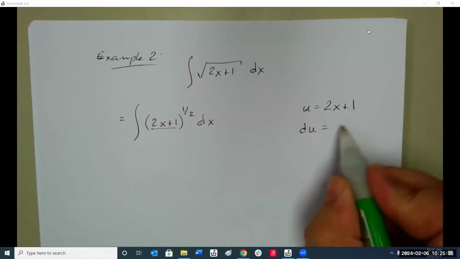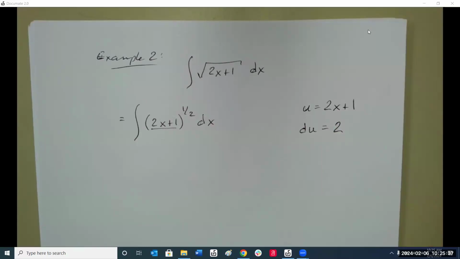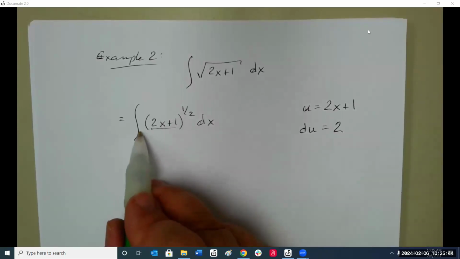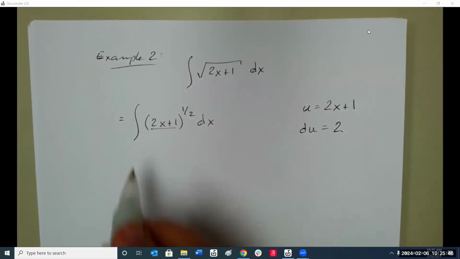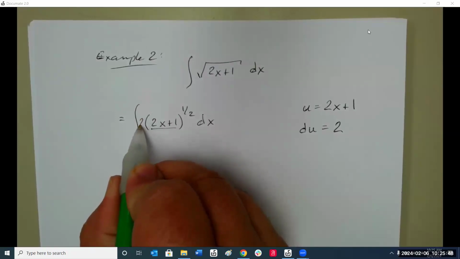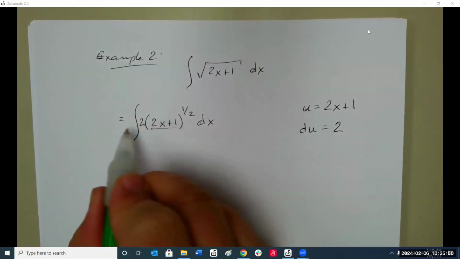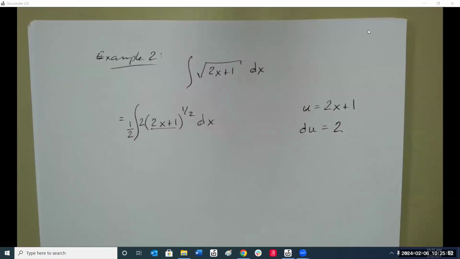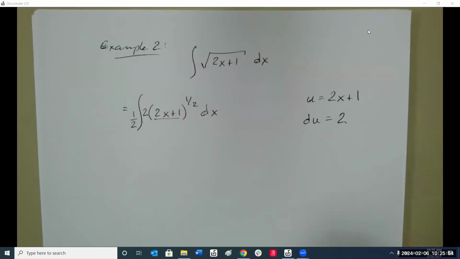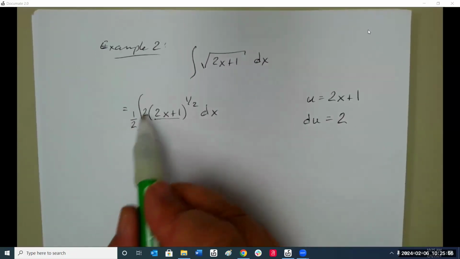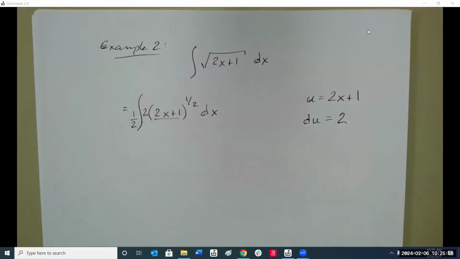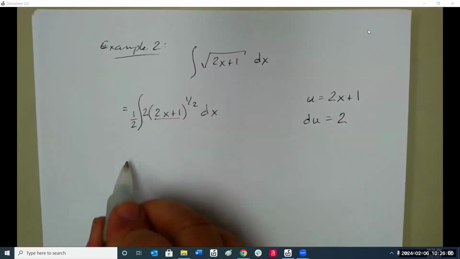The du will be 2. Notice we don't have a 2 anywhere there, so we have to put a 2. Since we put a 2 in there, we also have to get rid of it by putting a coefficient, because these two will cancel each other out. We're not changing it, we're just changing the way it looks.